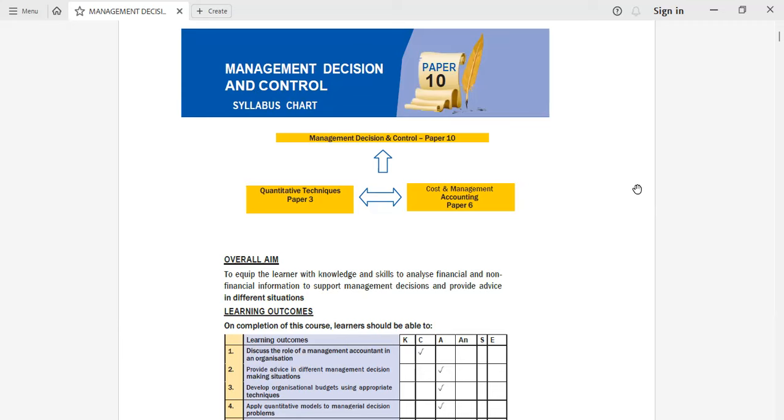But as far as the classes we are going to be going through and the videos we are going to be uploading, they are going to use questions from 2008 to date, because we assume that since the MDC course has not been changing for the previous syllabuses, we will get something a bit deeper, covering maybe 2 syllabuses, and we get questions on how they were examining some of these aspects that we are going to be looking at now.